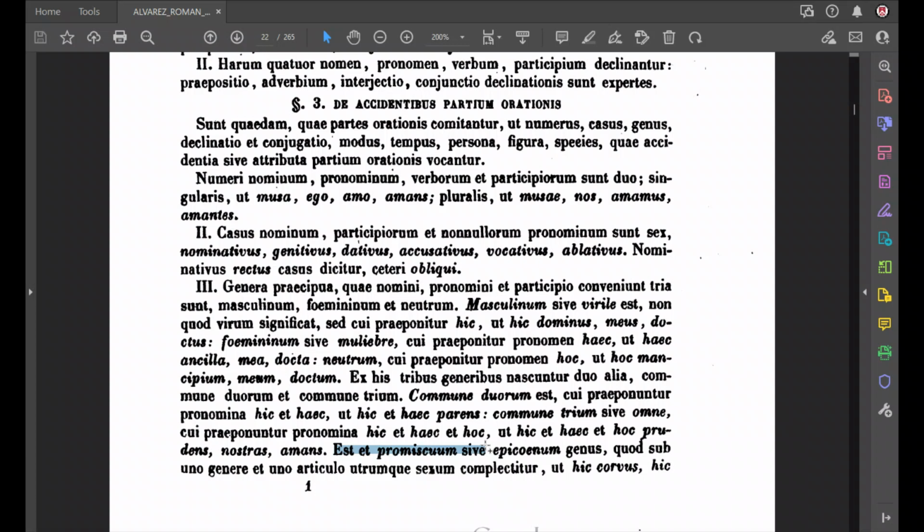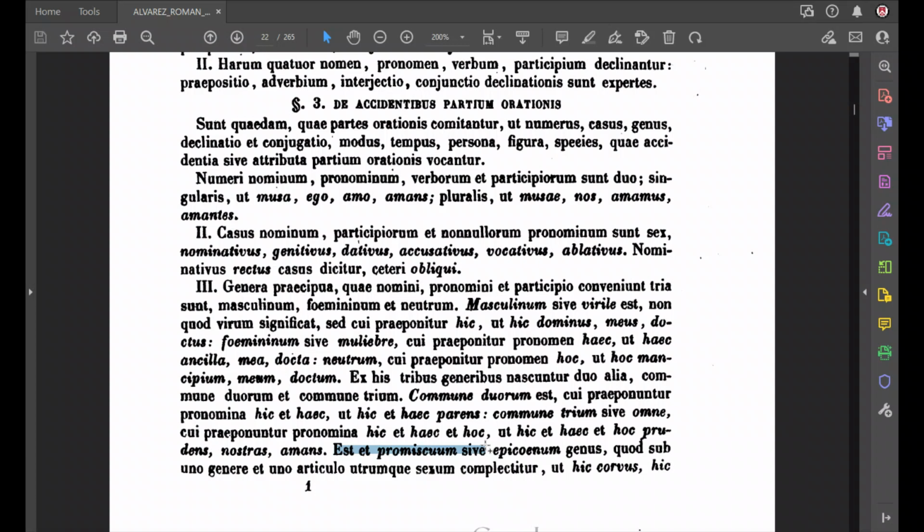There is also promiscuum, or promiscuous, or epikoinum genus, or epicenum genus in ecclesiastical pronunciation. So, promiscuum sive epikoinum. Promiscuous or epicene gender. And these last couple get a little confusing, so make sure you pay attention.